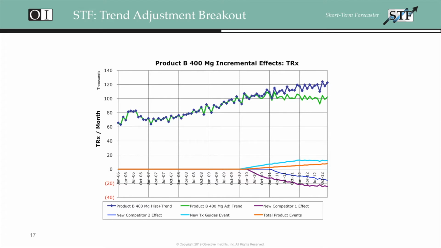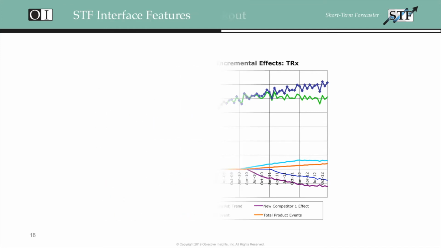And if it's a positive event, it's above the axis, such as that light blue line, new treatment guidelines. And so we have multiple events, some of which can be negative, some of which can be positive. They have an overall effect on the product, and if you look again at the top, we have the final market trend, which is that green line. So it's actually below the base market trend. In other words, the net effect of the events is negative.